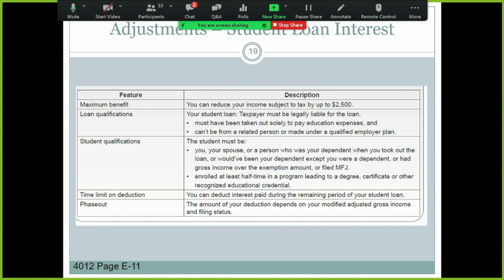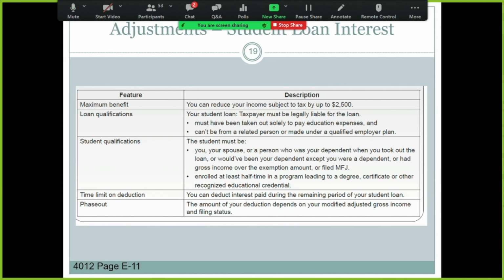The maximum benefit is $2,500. And there are some loan qualifications. Taxpayer must be legally liable for the loan, it must have been taken out solely to pay education expenses, and can't be from a related person or made under a qualified employer plan.